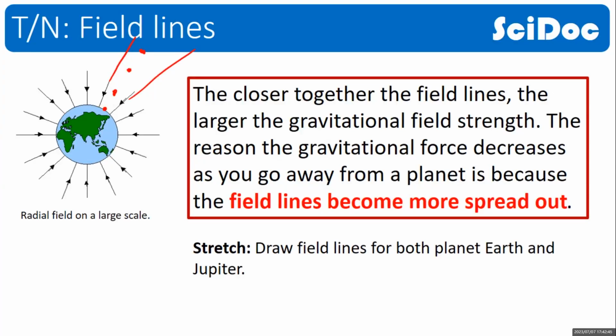If the lines are spreading out, this means that the gravitational field is decreasing as we go far away from the earth. But as we come towards the surface of the earth, the field lines are closing up. So the gravitational field is increasing as we come towards the surface of the earth, and it is decreasing as we go away from the surface of the earth.